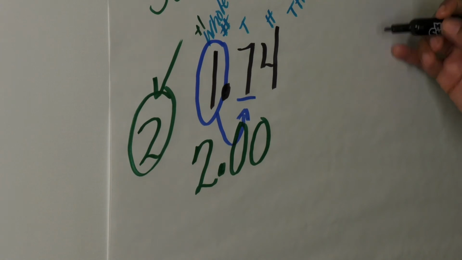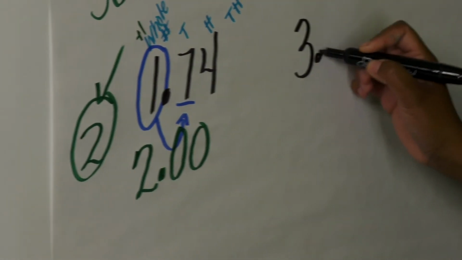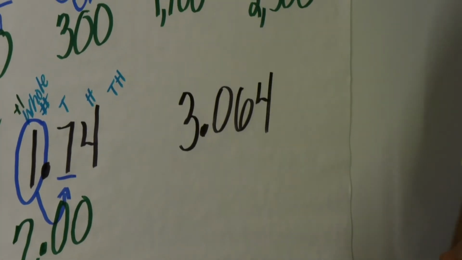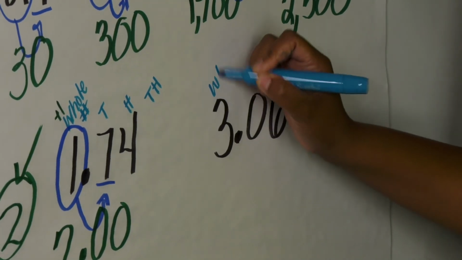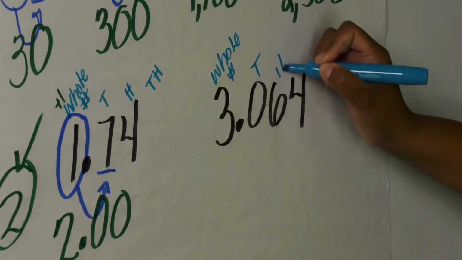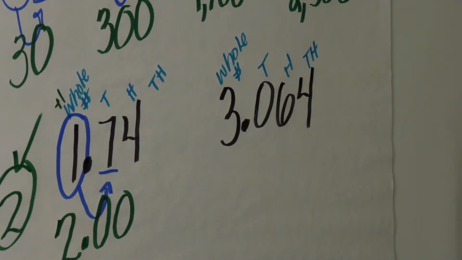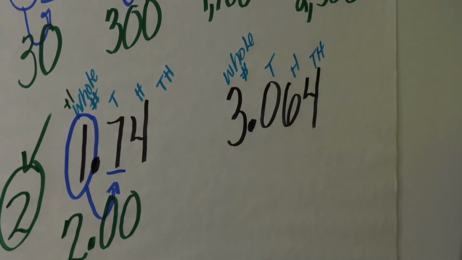And one more decimal review. Say we have the number 3 and 64 thousandths. Label your place value. We have our whole number, tenths, hundredths, and thousandths. And let's say the directions ask us to round to the nearest tenths place.